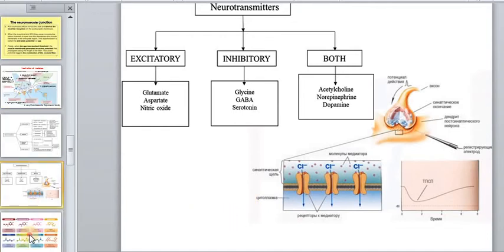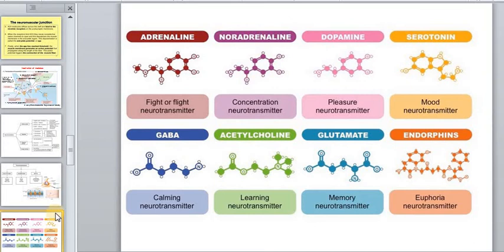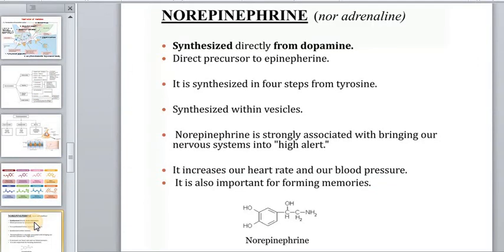So we can find all these molecules here. These substances have different effects on our nervous system. And now, examples of neurotransmitters, and some of them we will discuss more.